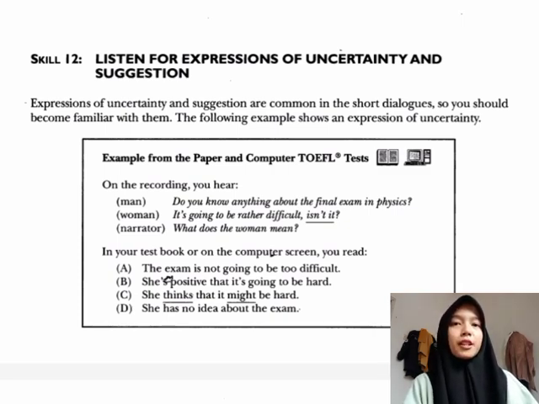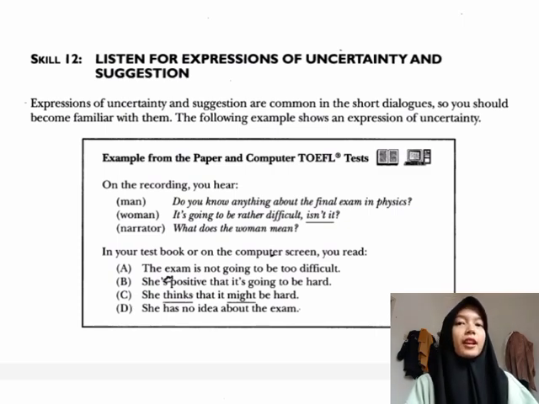And B, she is positive that it's going to be hard. This is also wrong, because being positive means she is really sure the exam is going to be hard, but because of the question tag, the woman is unsure and still thinking about it. C, she thinks that it might be hard.